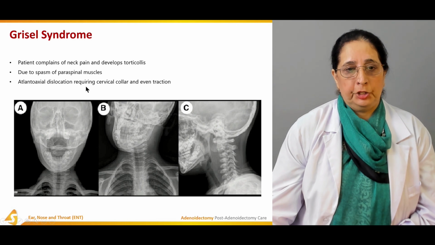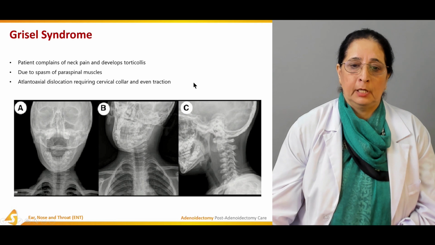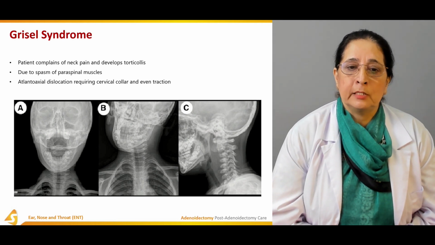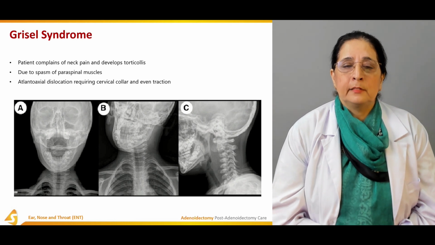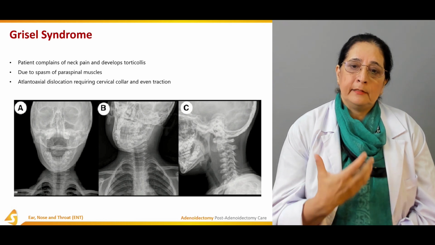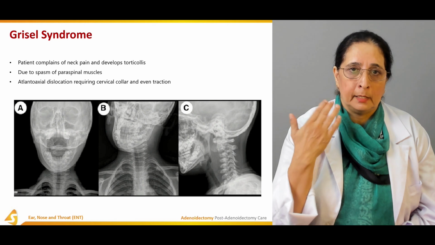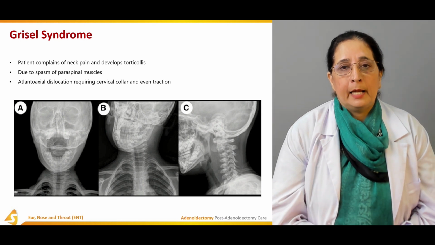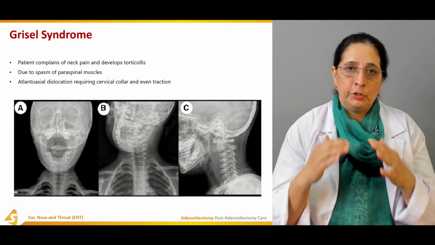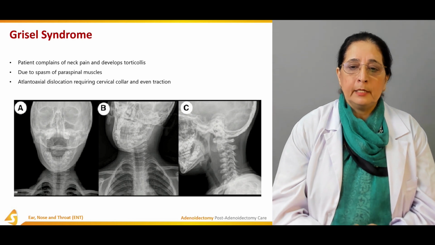Atlantoaxial dislocation may require a cervical collar and even traction. A patient who develops atlantoaxial dislocation as a result of hyperextension usually needs the cervical collar to support the cervical vertebrae, and may even need traction, pulling of the vertebrae to bring them back into their proper position because they are dislocated.